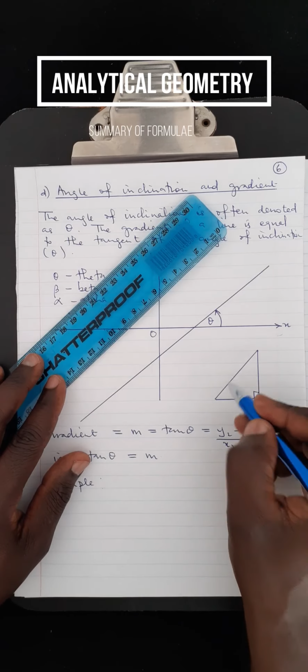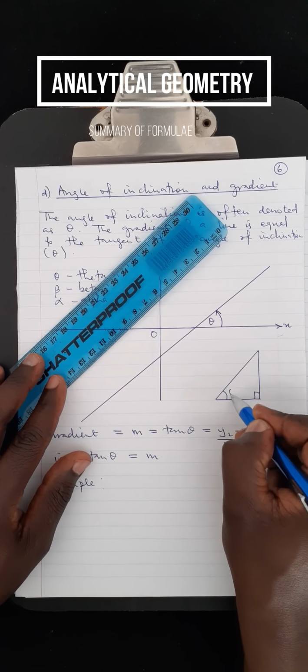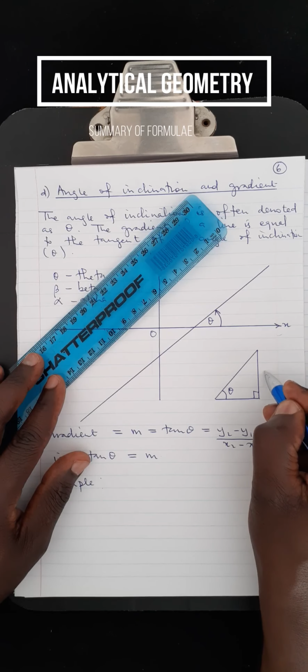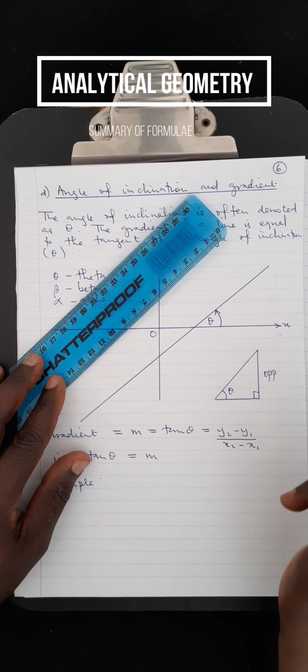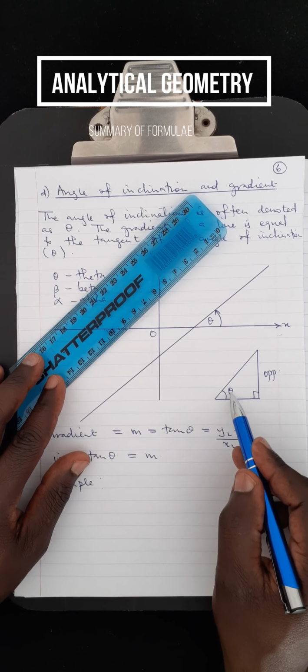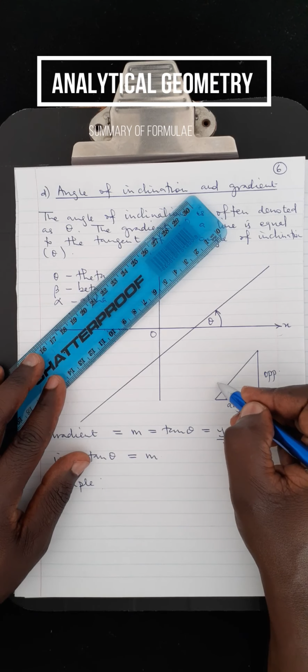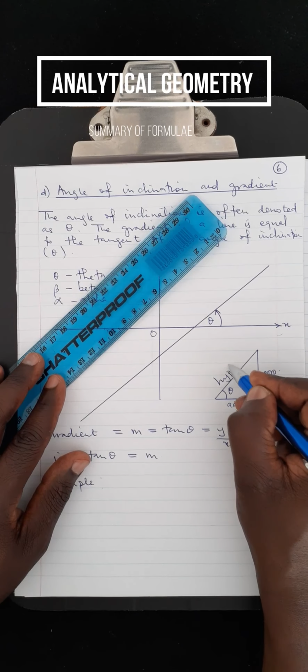If I call this angle theta, then this side is called the opposite side, opposite the given angle, and this is the adjacent side, and this one is the hypotenuse.